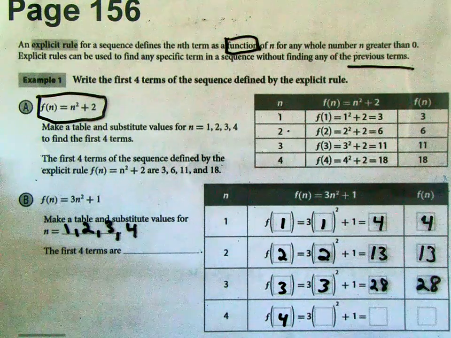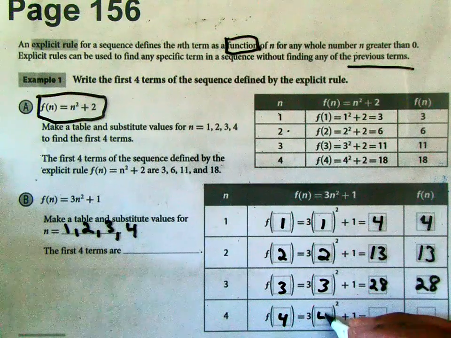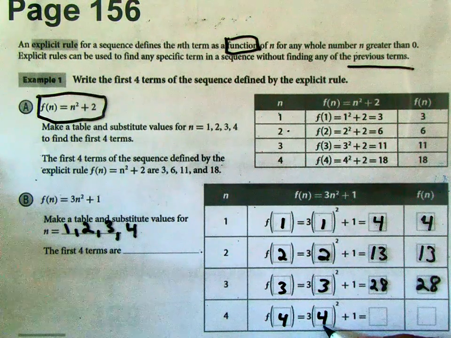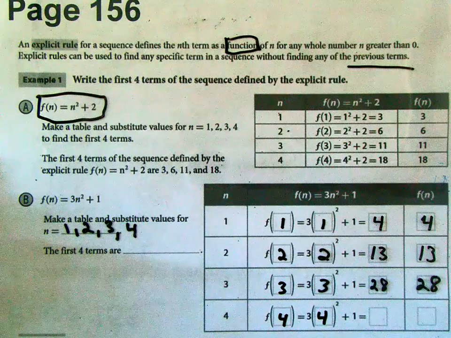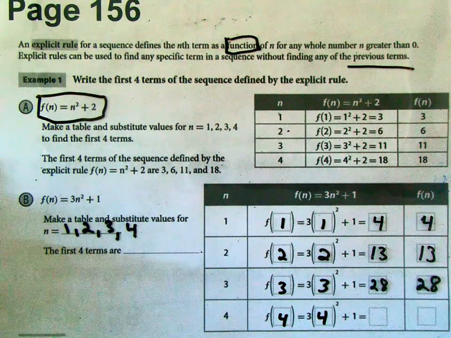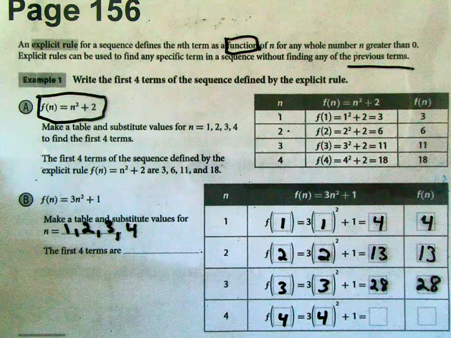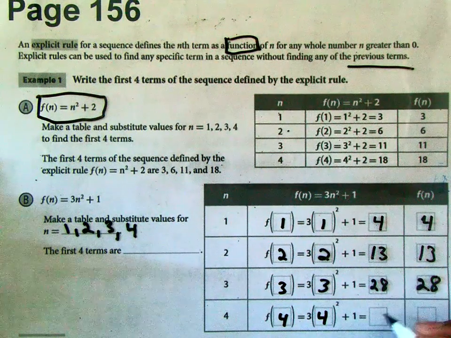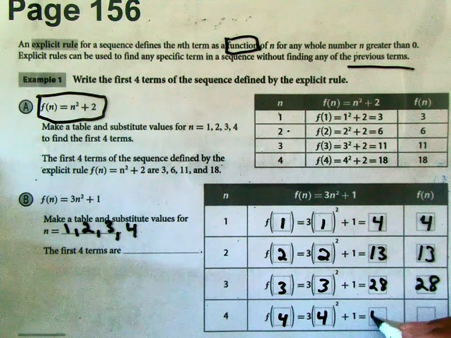And finally, we'll plug in 4. 4 squared is 16. And then 16 times 3 is 48. And 48 plus 1 is 49.